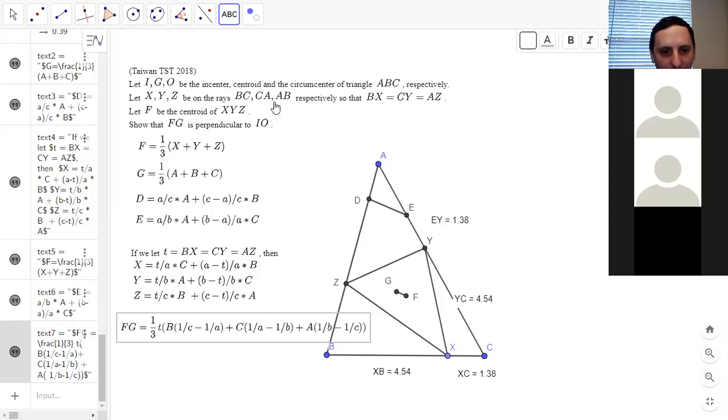So FG is that expression. We could also say 1 over c times b minus a plus, there are other ways of writing it. So if we take DE, then basically the t drops away, right? Because we just want to show FG is proportional to DE.